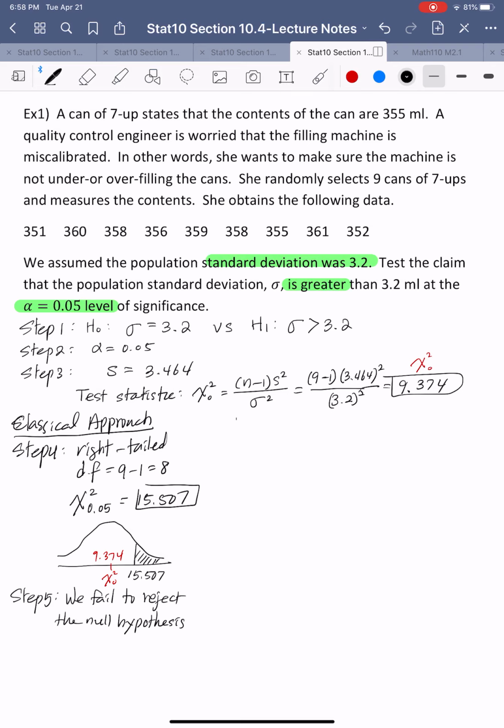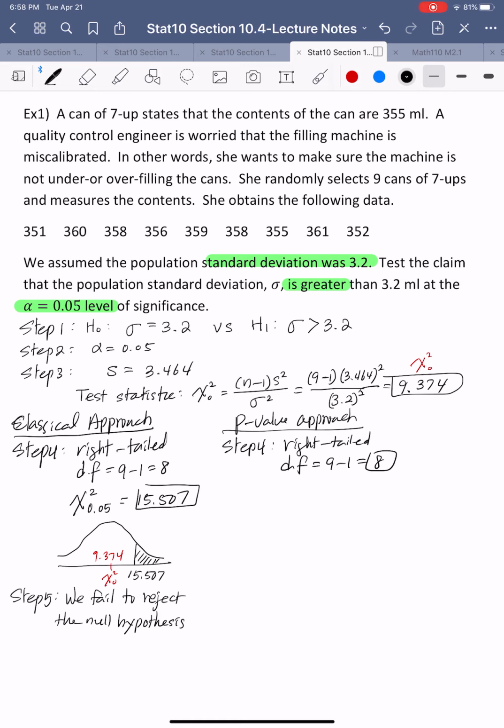All right, p-value approach. We do as step 4. This is actually the right tail. The p-value is the area under the chi-square distribution with the degree of freedom of 8, because 9 minus 1 is 8.